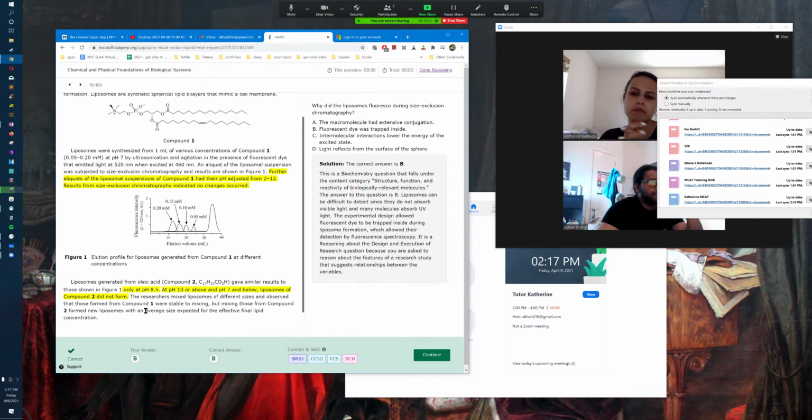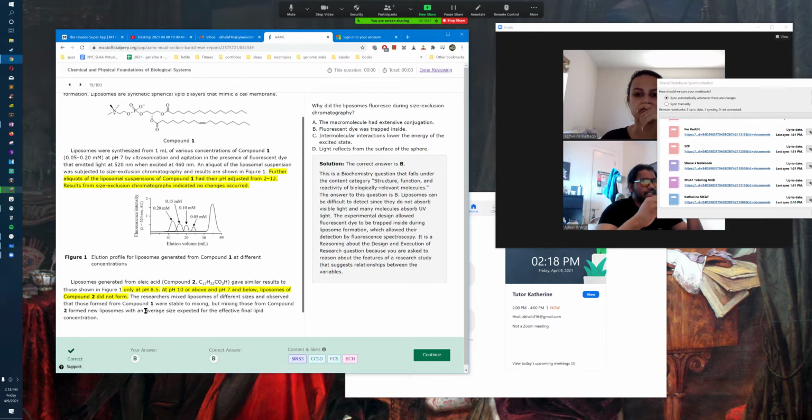I would just go by C, because of what we read about the fluorescent dye emitting light at a different wavelength than what it was absorbing.